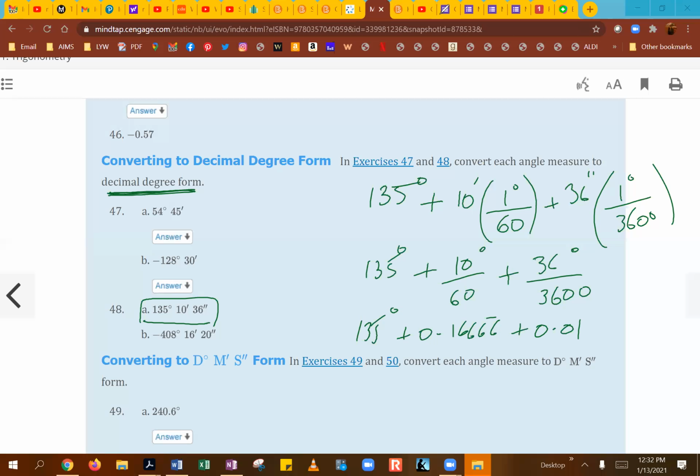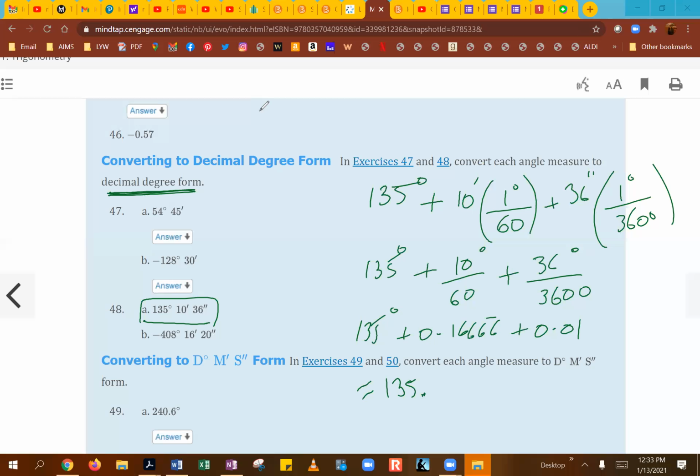So when you take all of these numbers and add them together, let me see if they told us what kind of rounding they want us to do. Not really. So you know what, we'll just round it to approximately 2 or 3 decimal places for now. But in WebAssign, you can see what rounding instructions they give you, because WebAssign will have its own rounding instructions.